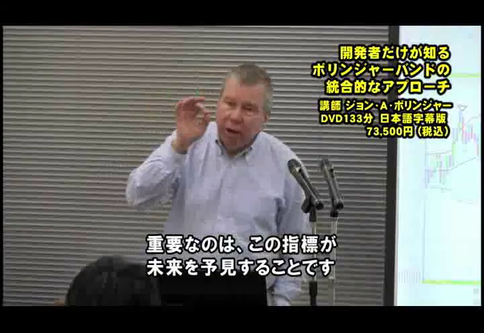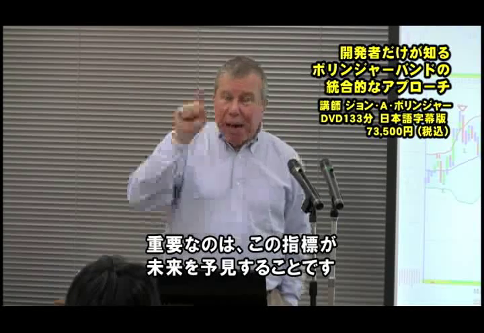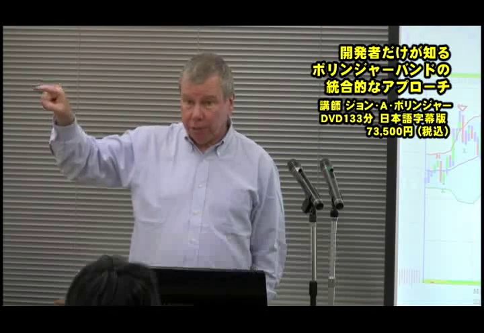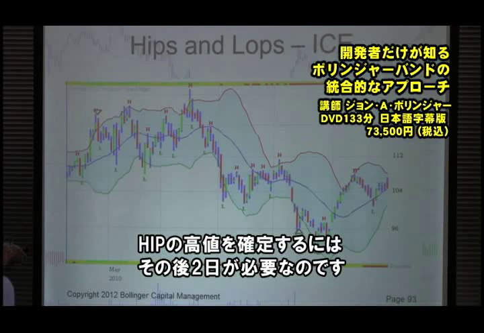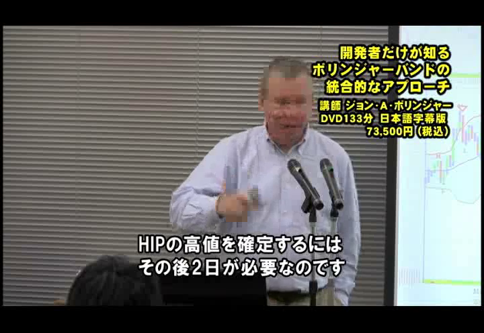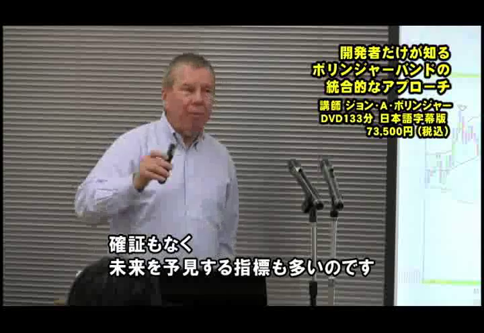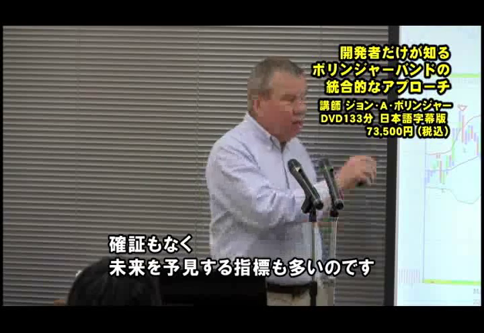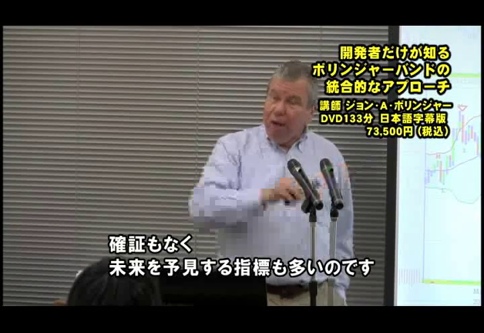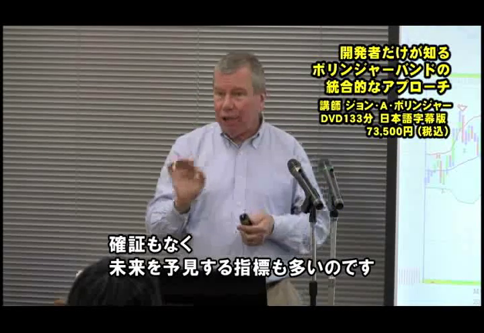This is a very important technical concept because this is an indicator that peeks into the future. On the chart, it looks terrific. Oh yes, it picked the high exactly. But you did not know that it was picked for 2 more days. I cannot tell you how many times I have seen technical systems or technical tools that peeked into the future without acknowledging it.